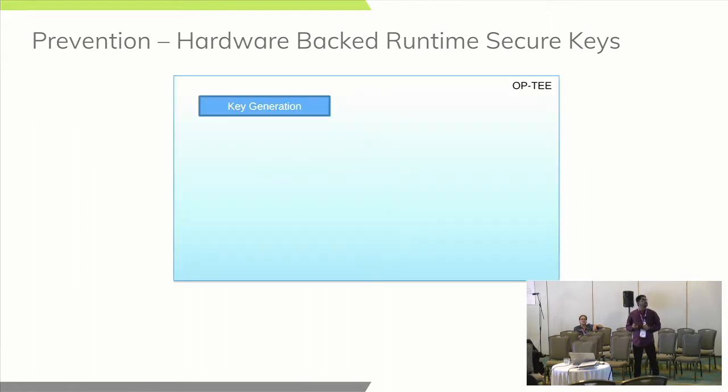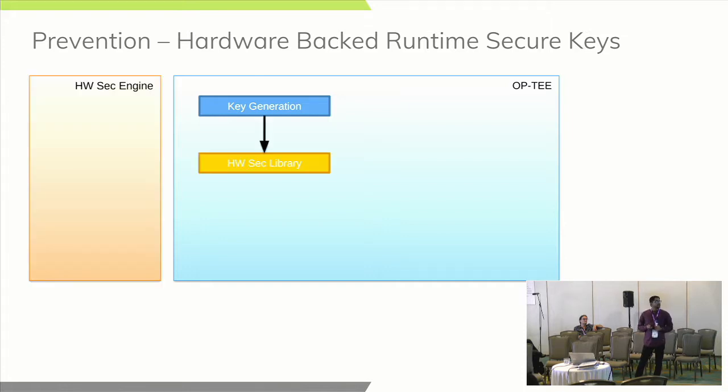So let's see what the flow will be if we implement this hardware security library, which offloads our cryptographic operations to the hardware security engine. Let's say a key generation operation is called via a TA. Instead of going via the software crypto library, it will land in the hardware security library.